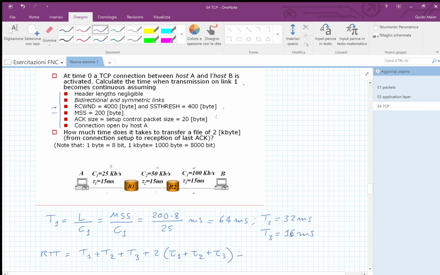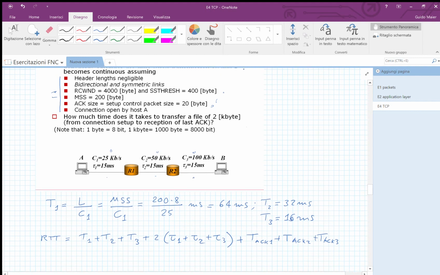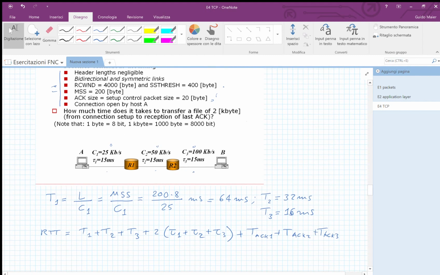Sorry, we have also to include here the transmission time of the ACKs, because in this exercise the ACKs are not negligible in length. They are 20 bytes, so it will be also plus TACK 1 plus TACK 2 plus TACK 3. Tau i is equal to 15 milliseconds.